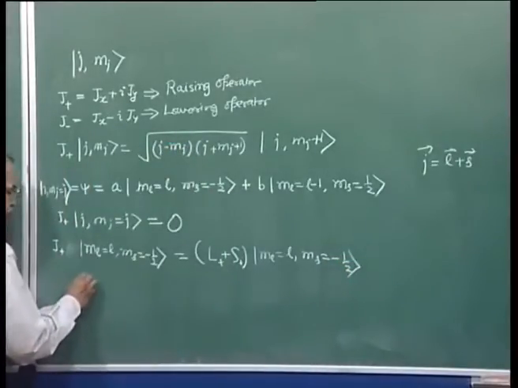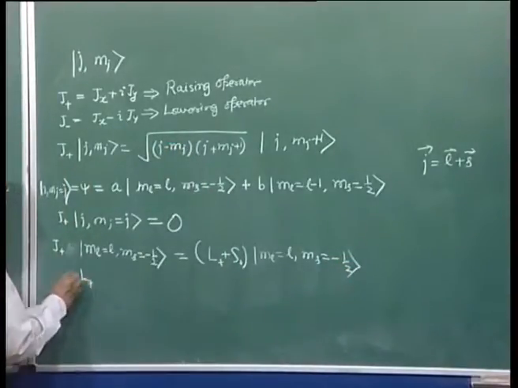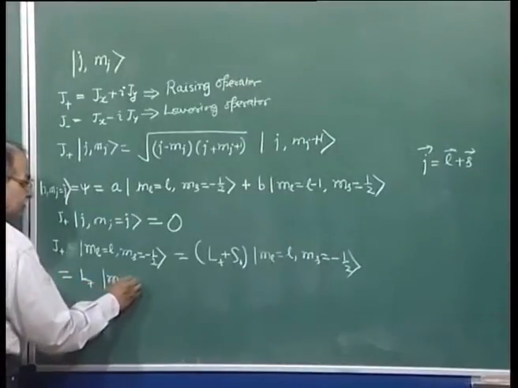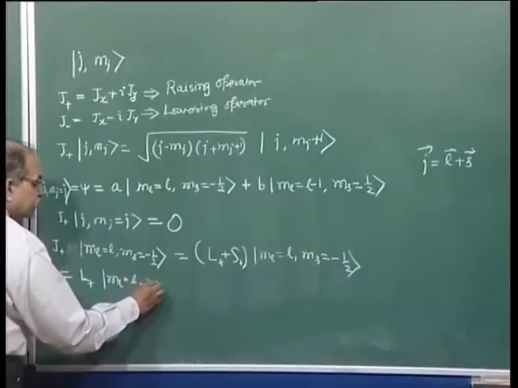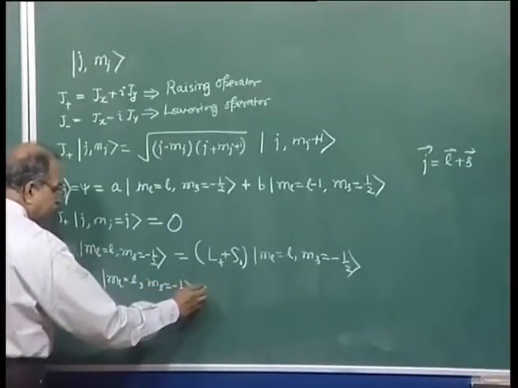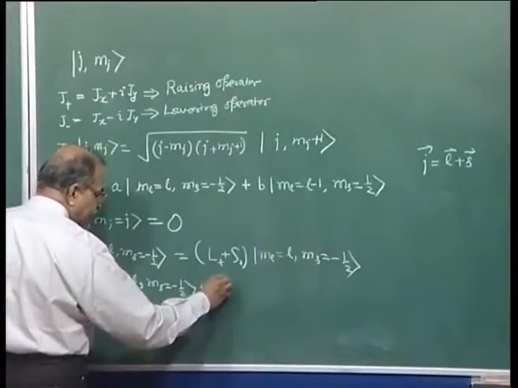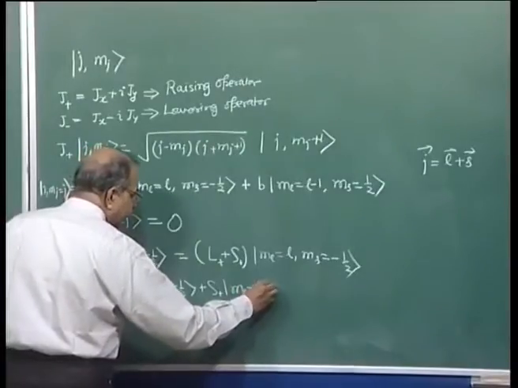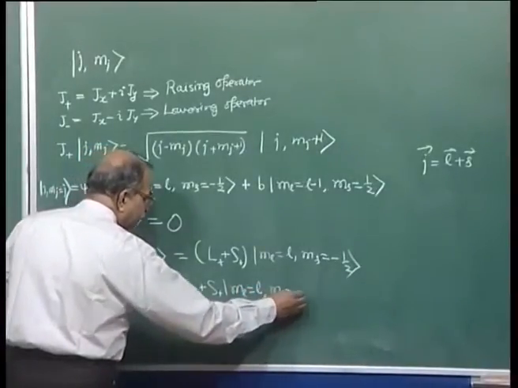Again two parts: L plus applied on ml equal to L and ms equal to minus half, and plus S plus applied on ml equal to L and ms equal to minus half.